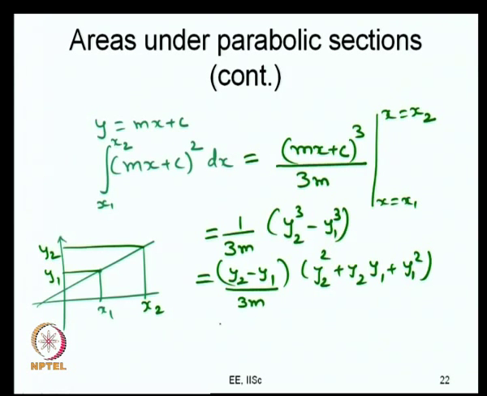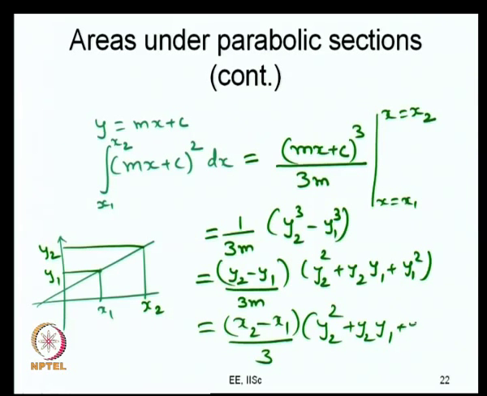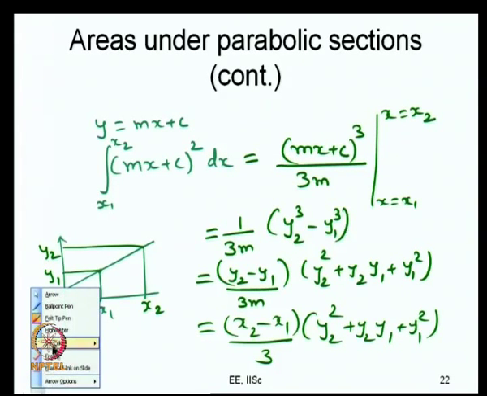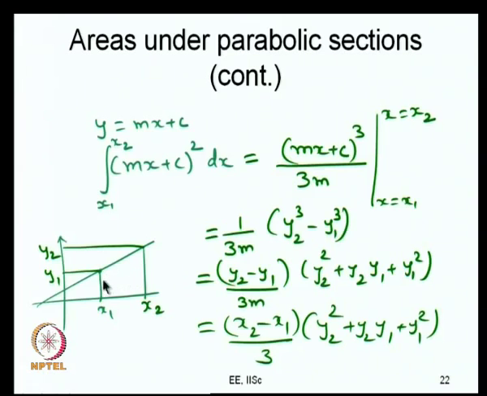So, this reduces to x2 minus x1 divided by 3 multiplied by y2 squared plus y2 y1 plus y1 squared. This is the expression we will use for any linear section like a straight line between x1 and x2 that we want to square and evaluate.